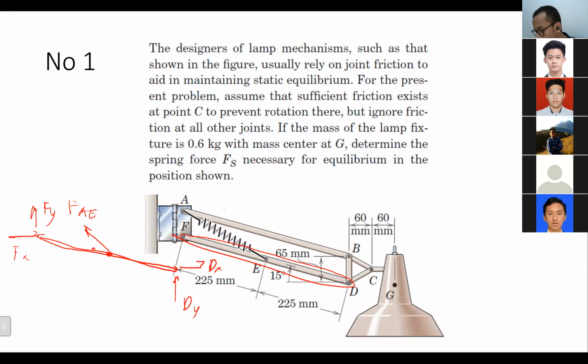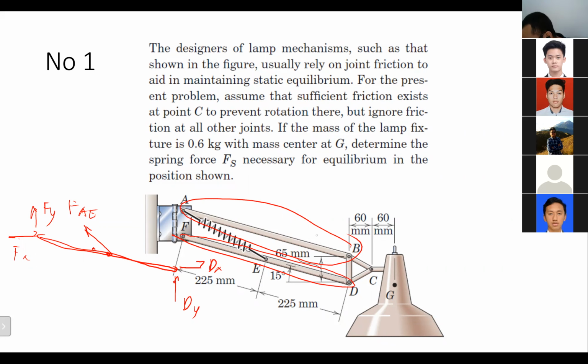The one that is a two-force member is AB actually. AB is a two-force member. So FE is not a two-force member. If we cut through AB, BD, and DC, it will be fine.